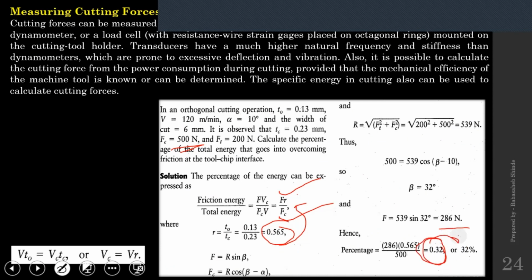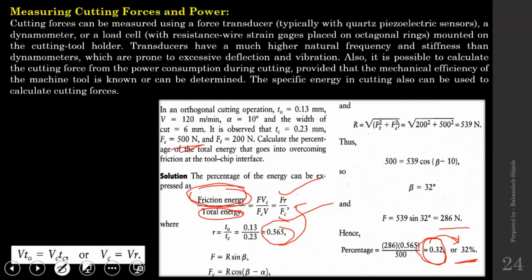And when you convert it into percentage, that is 32%. So out of total energy, 32% energy will be consumed to overcome the friction between the tool and chip interface, or the energy spent at the chip-tool interface is going to be 32%.